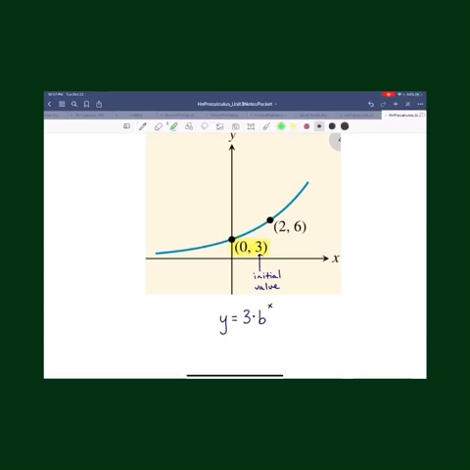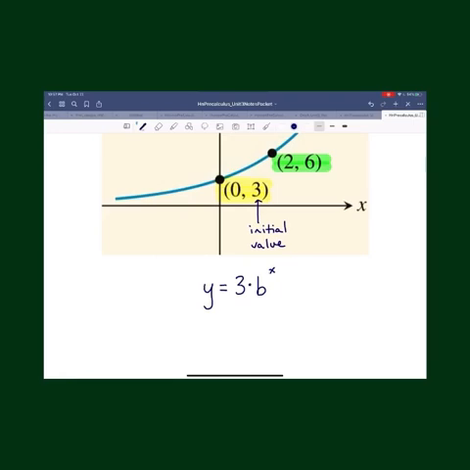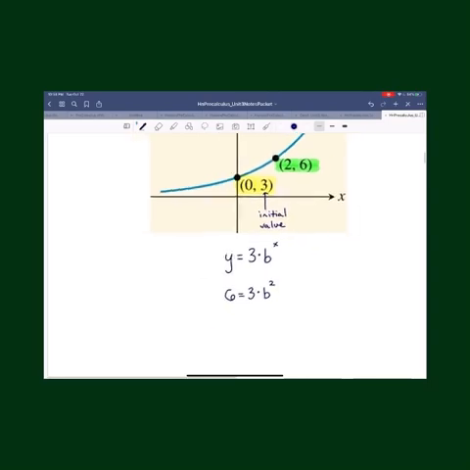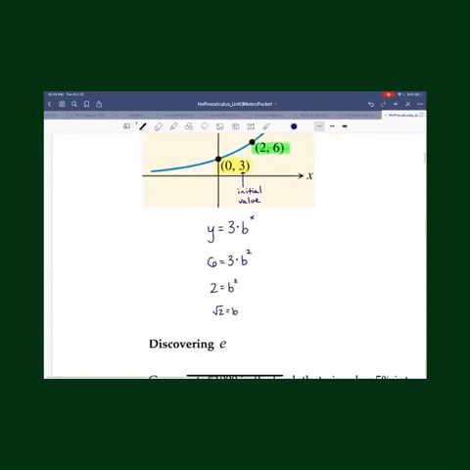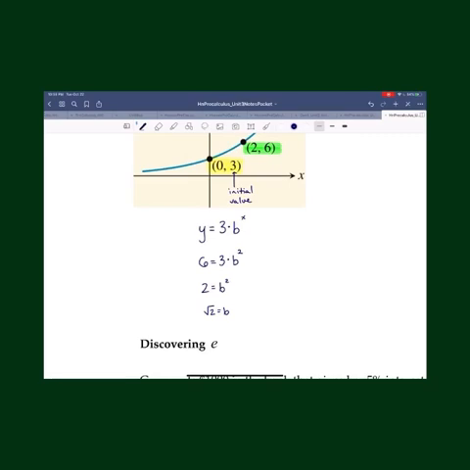And then I will plug in (2, 6) for x and y respectively. So I plug in the point (2, 6) by replacing y with 6 and x with 2. Then I solve for b. I divide both sides by 3, and then I take the square root of both sides, which gives me b equals root 2.